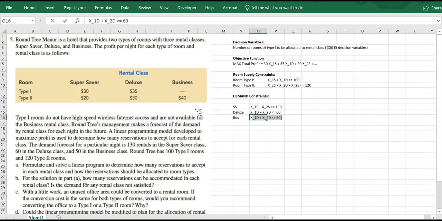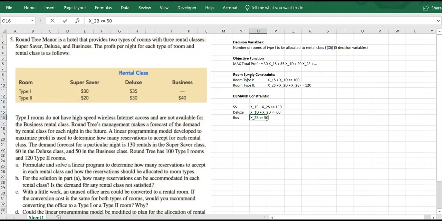So X2B should be less than or equal to 50, we have 50 demand in the business class. So the number of rooms allocated to business class should be less than or equal to 50. All right, 50, 60, and 130.